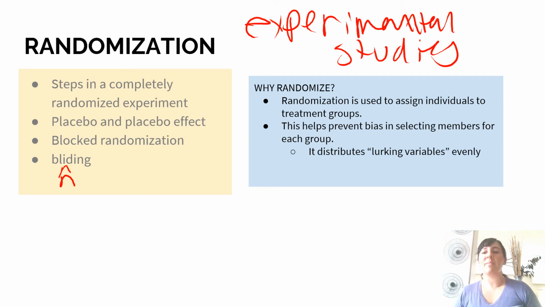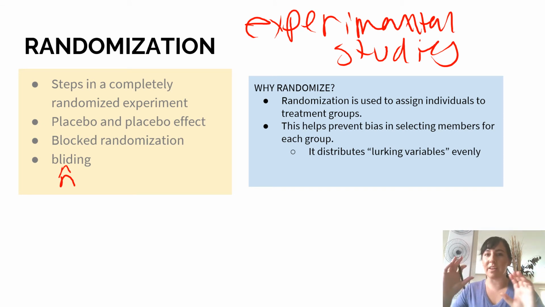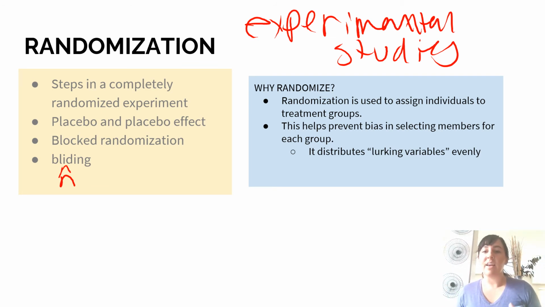But if you're going to separate your groups, they have to be random. You don't want to just put your favorites in one group and the others in another. You don't want to just pick whatever you want to go where. They have to be random, okay? Why does it need to be random? Because it distributes everything evenly. Remember we just talked about lurking variables, those variables that sometimes are just hanging around, just associated with certain things.